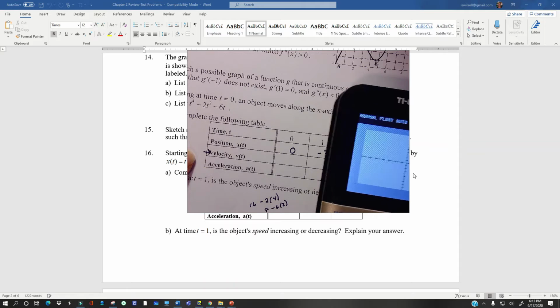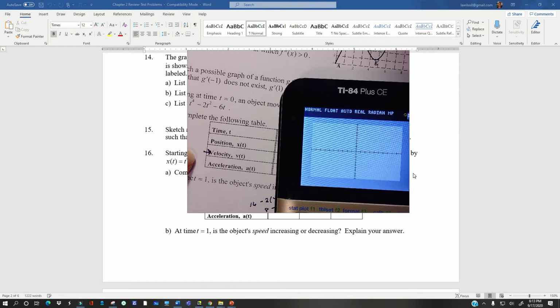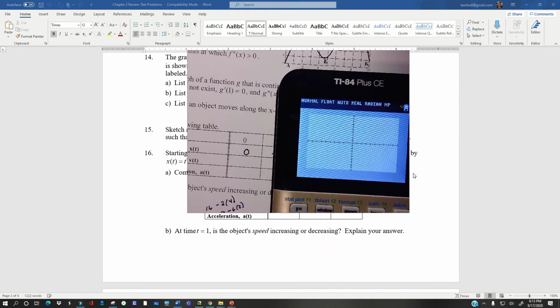And I'm going to hit the graph key, so that way I get just the velocity graph. And we'll wait an hour or so for that graph to come on up. There it is, okay? So what we want to know is, for velocity, what happens when t is equal to 0? Well, the velocity here should be negative 6.